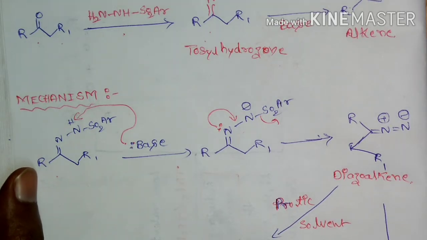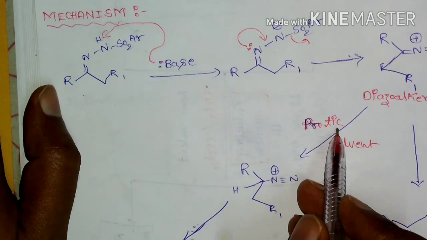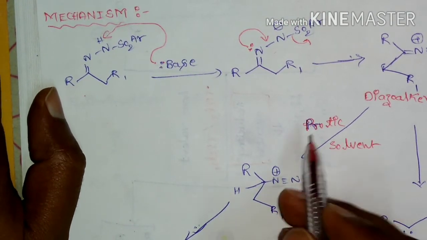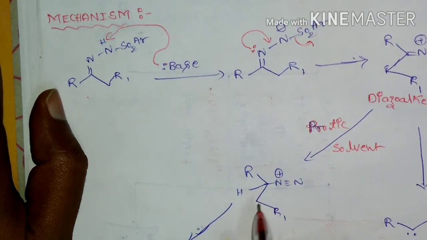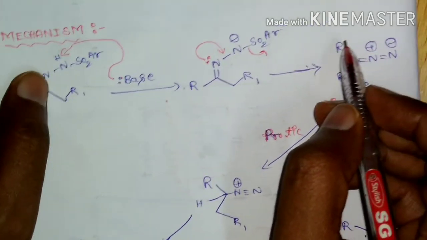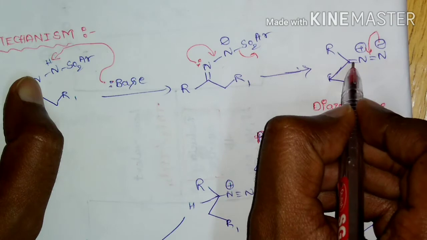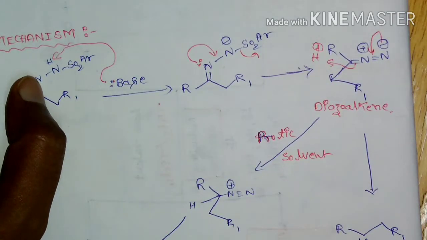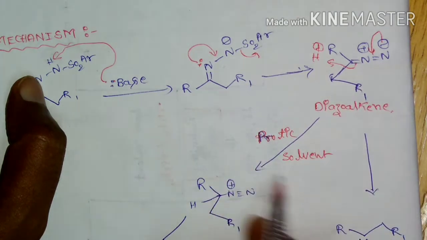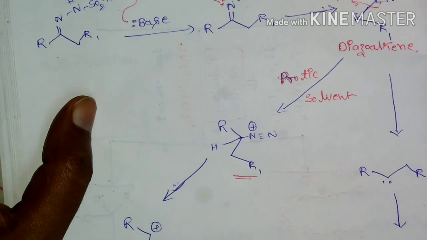How it forms the carbocation intermediate is, in the protic solvent there is availability of protons, so this negative charge will shift here and it is going to take H plus, since we are carrying out the reaction in protic solvent, and this is the product we are going to get.